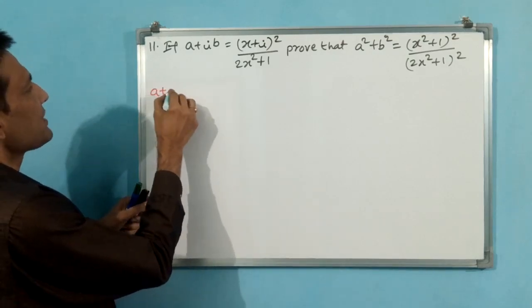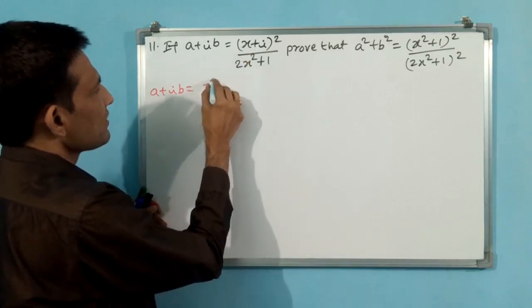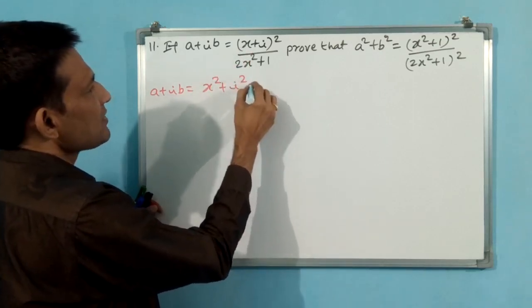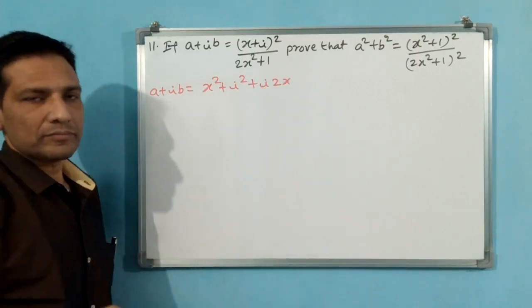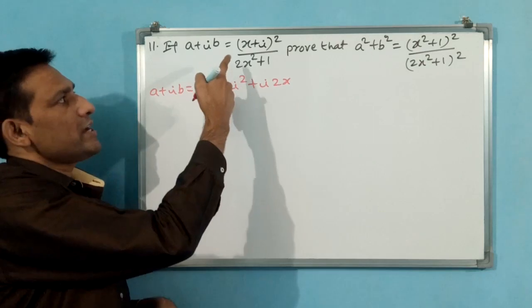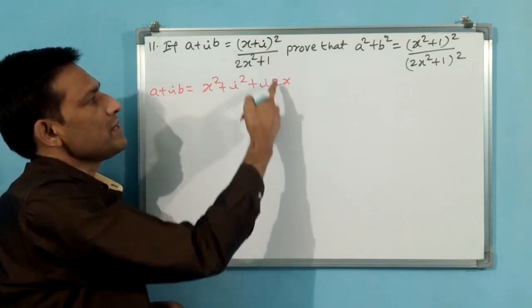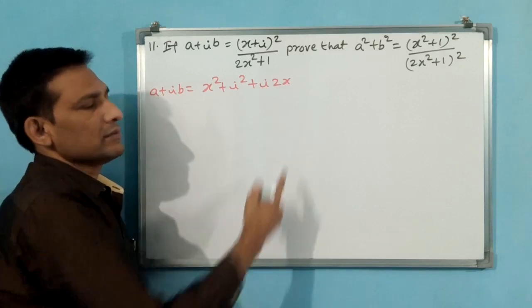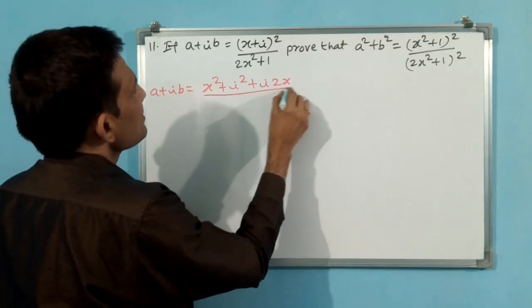Again I am writing a plus ib is equal to, see, I am expanding x square plus i square plus i 2x. Is it okay? You see, a square plus b square plus 2ab, I first have written. Okay. The denominator has no expansion. Why?